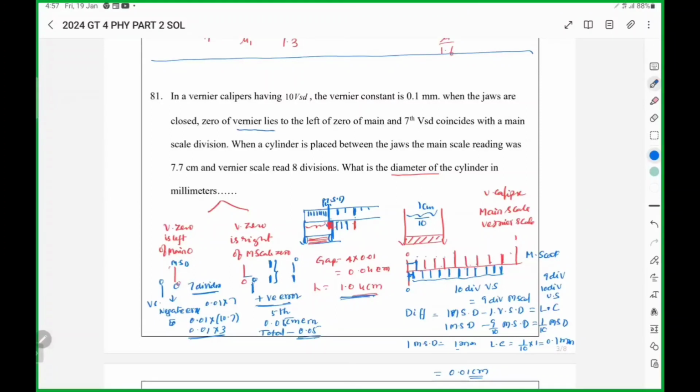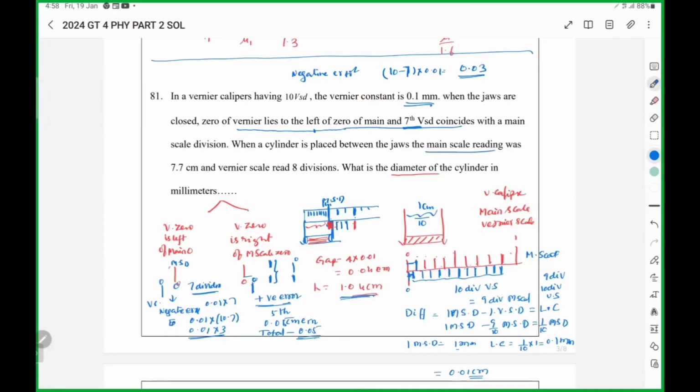Here the vernier lies left of 0 of main. That means here it is a negative error. Which division is coinciding? The seventh division. So don't take 7 into 0.01, you take 10 minus 7 into 0.01. That is, the error is 0.03, which has to be added. Vernier constant means least count.